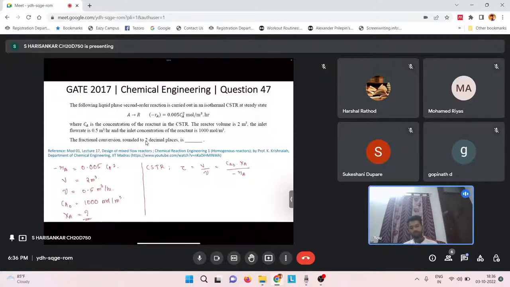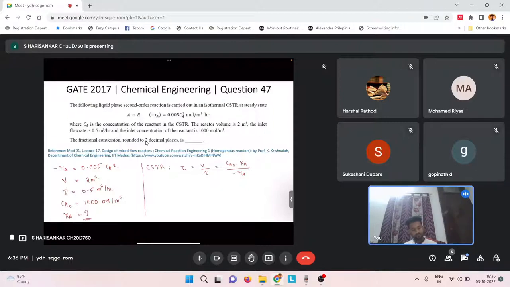All we have to do is substitute the values for V, nu, Ca0, and Ra, and Ra you can write as 0.005 into Ca square.